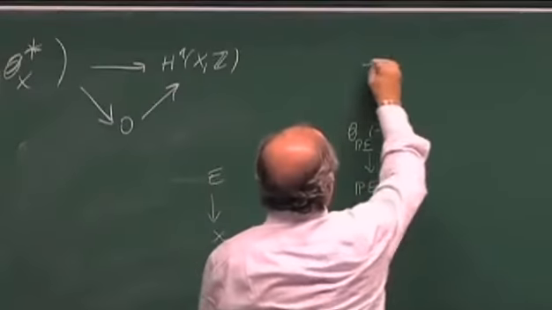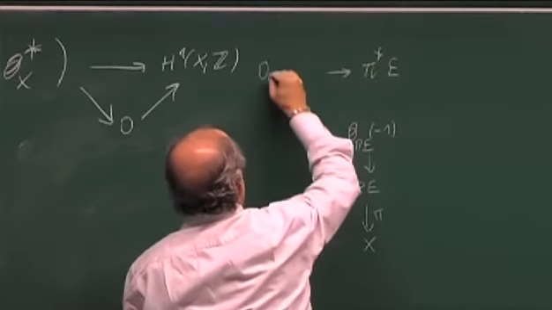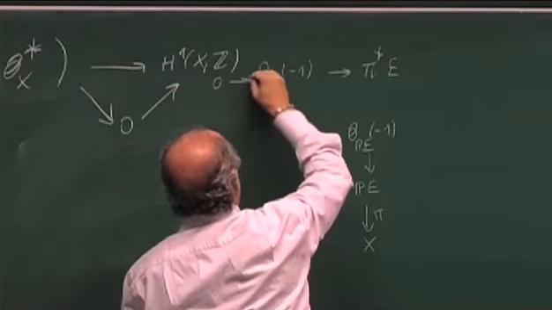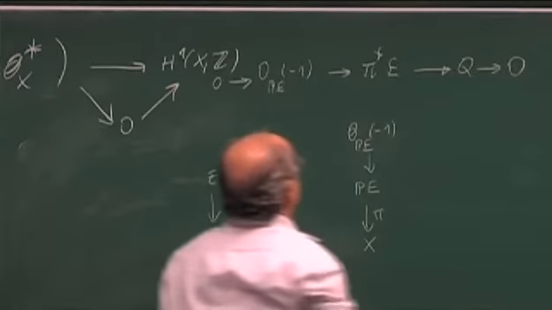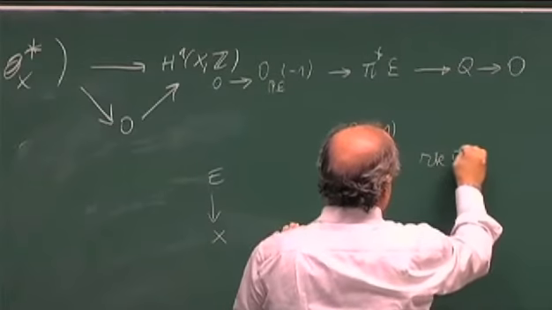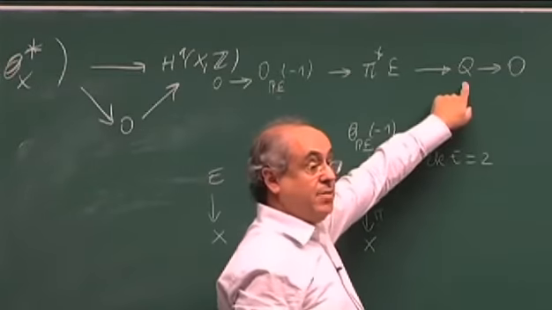And then what you do is that you have an exact sequence like this. And here you have a quotient. Suppose that the rank of E is 2. Then this is a line bundle, and the quotient is a line bundle as well.